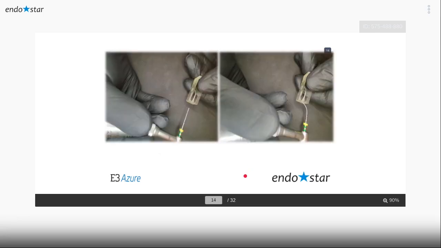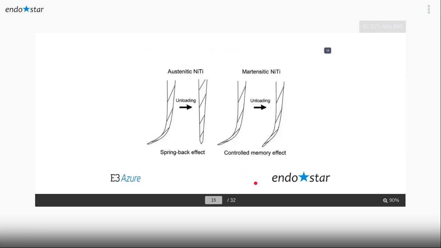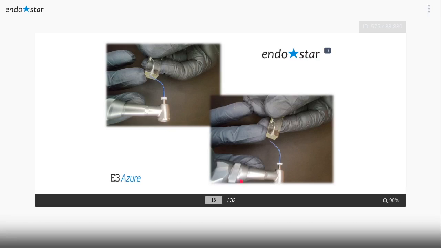In the next picture, as you can see here, this is the austenitic file. It's straight, but when you curve it, you need force to curve it, and after you remove the force, it will return back like this. But in the case of heat-treated files, when you remove the load, it will keep the shape, like in this picture.